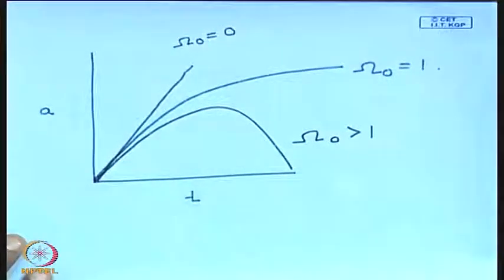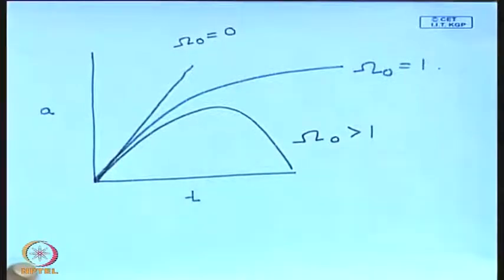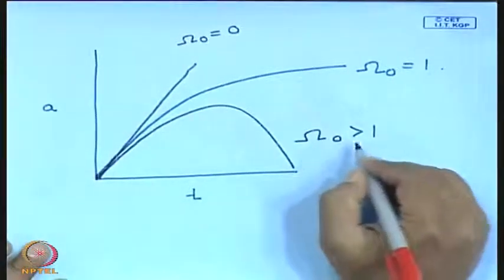You will have what is often referred to as the big crunch. So, you have the big bang at the start, and the universe will end with what is called a big crunch. Okay. The other possibility is omega naught less than 1.